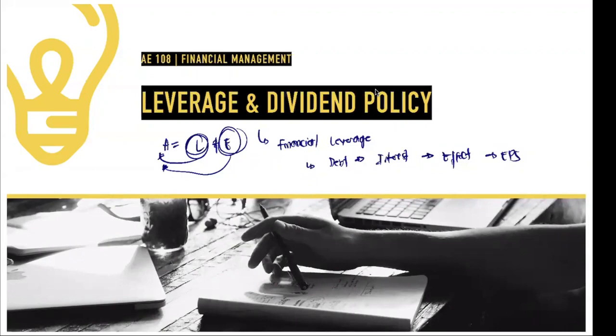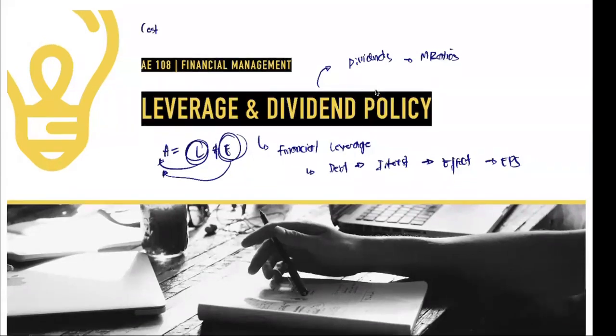For dividend policy, we will talk about the payment of dividends, the different policies regarding dividends and the effect on your different market ratios. Mostly this topic is more on the cost of finances.